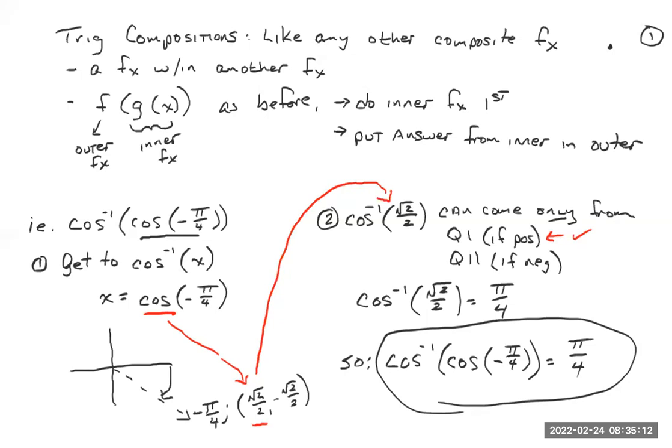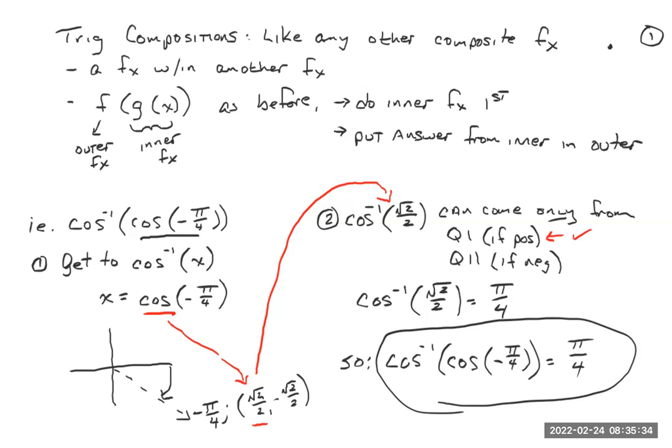So now the question is, what is the arc cosine of square root of 2 over 2? And now here we have some restrictions. In arc cosine, I can only pull my answer from quadrants 1 and 2. And since it's positive square root of 2 over 2, the angle is in quadrant 1.